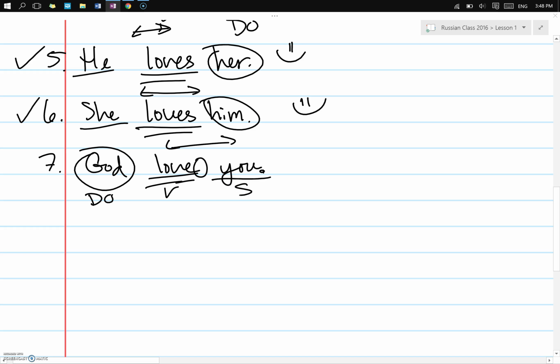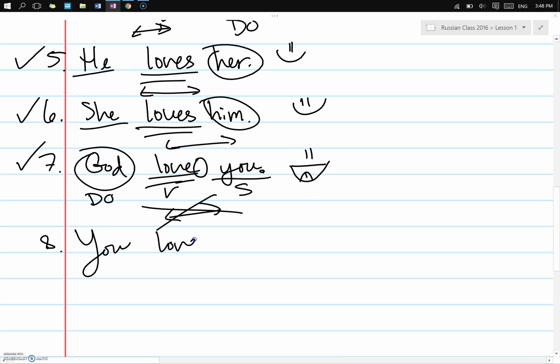So it follows grammatical order, but it doesn't follow left to right order. But because it works in Russian, we'll make it like a yeah, it works. So if that makes any sense to you guys, again, there's no S here, so this can't be the subject.